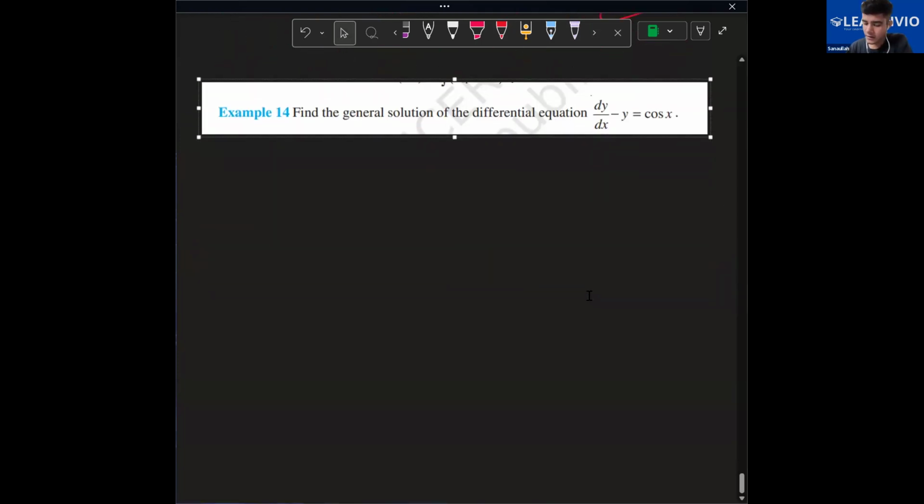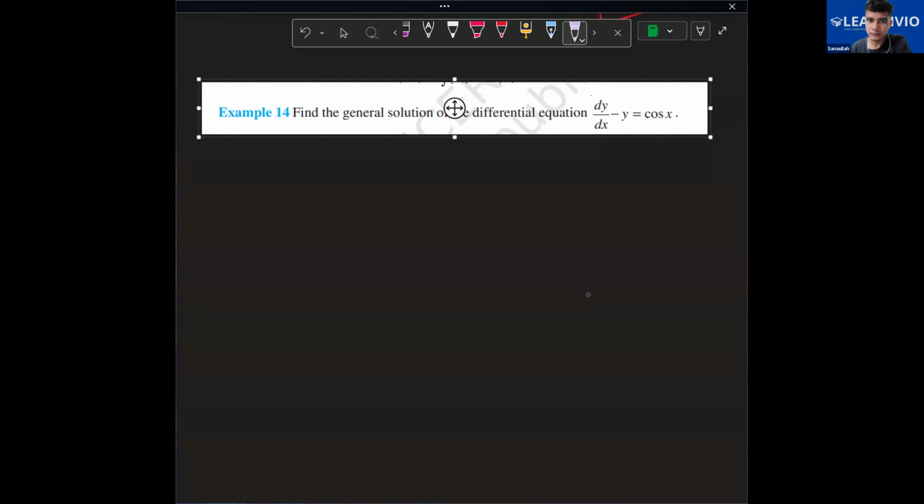Find the general solution of the differential equation dy by dx minus y equals cos x. Ali, tell me how many arbitrary constants are there in this general solution? You have been asked to find the general solution.